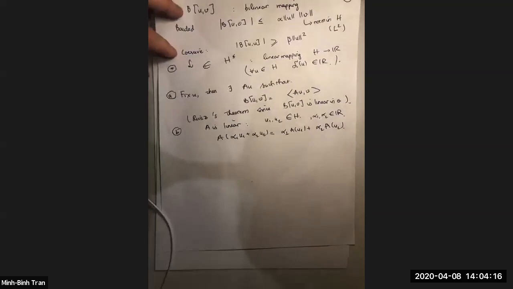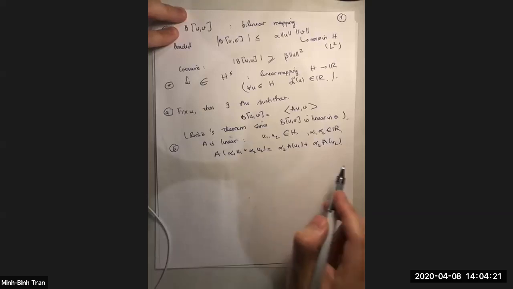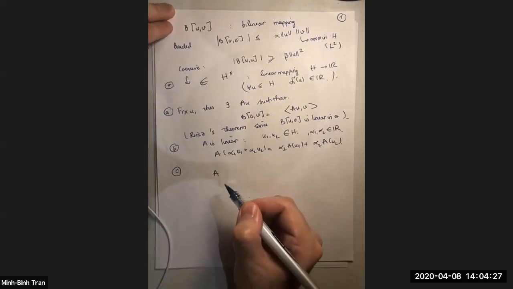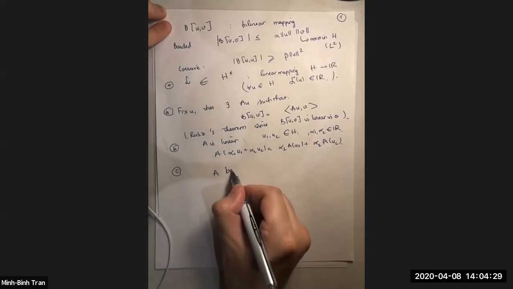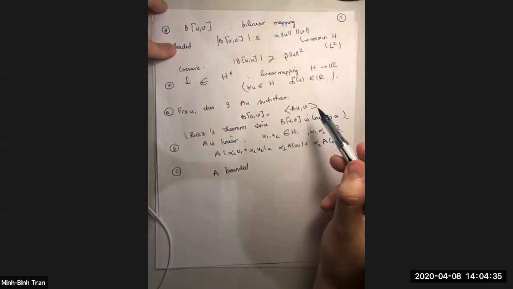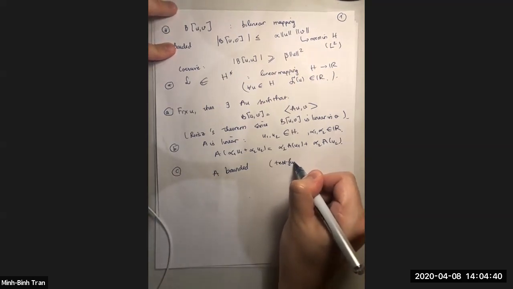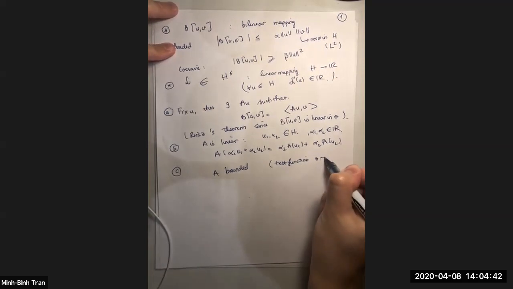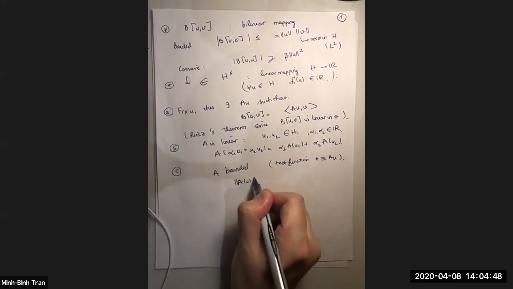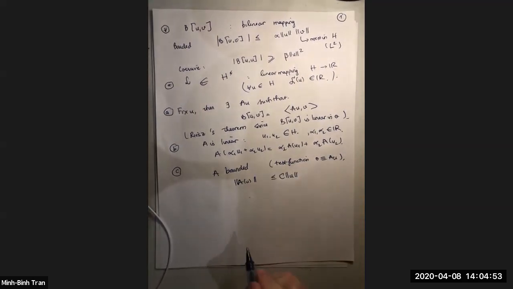So this is linear, and this can be proved by definition. The next thing that you see is that A is bounded. This can be proved by just taking v to be equal to Au as the test function, in the sense that the norm of Au is smaller than a constant times the norm of u. So these are the things that we prove.